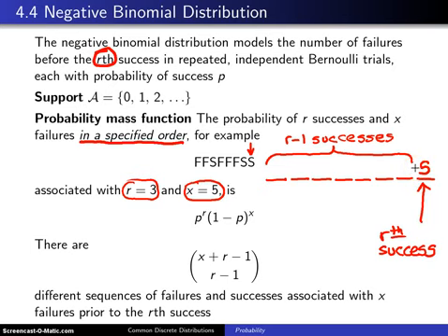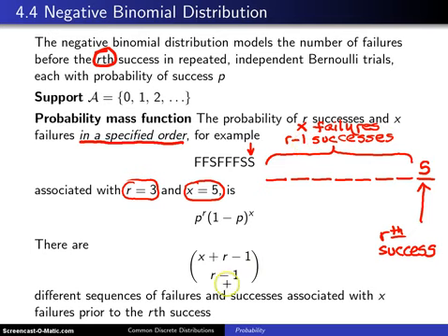But in addition, we have to have x failures that occur back here. Now, that means that the number of trials that occurred before this rth success was x plus r minus 1. So there is the top of the number of combinations.